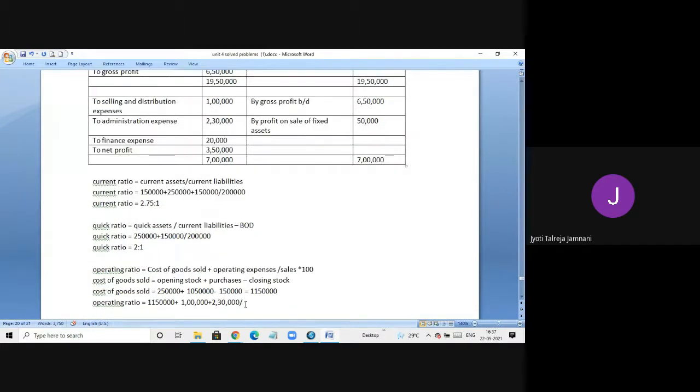Sales 18 lakh into 100. This entire thing is multiplied by 100. Cost of goods sold plus operating expenses divided by sales, the entire equation you multiply by 100 to get the answer in percentage. Operating ratio is equal to 82.22%.